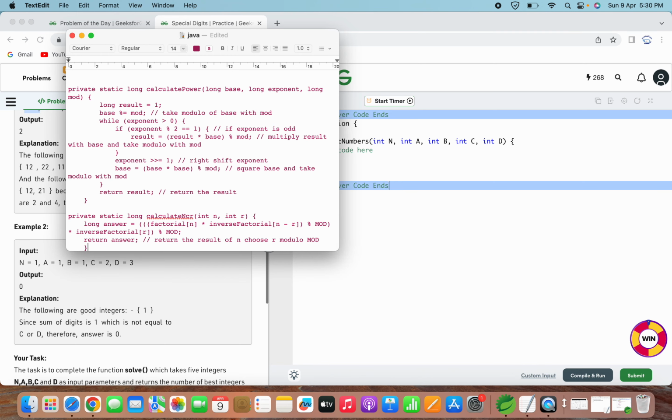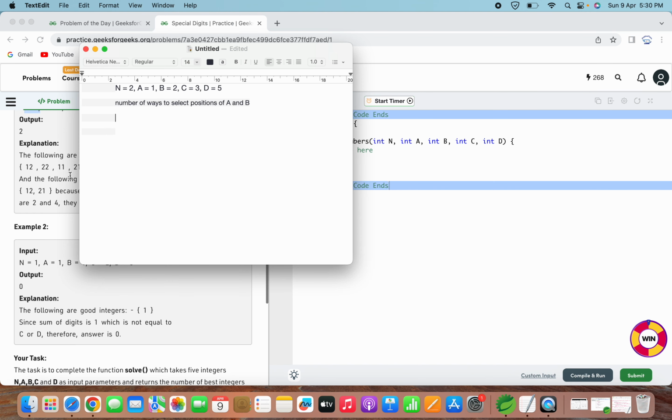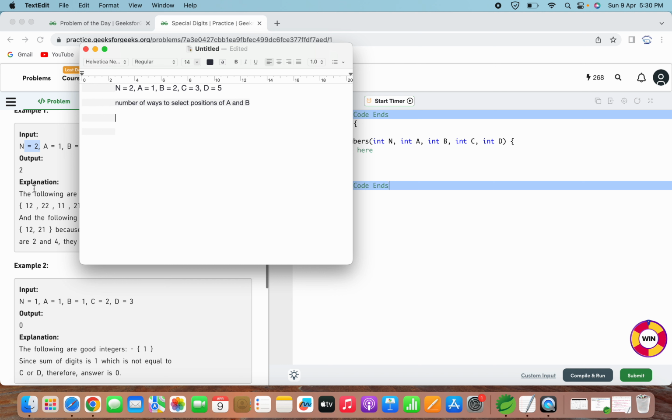Let's take the example given here, the first example that we have seen. In the first step, we have to find the total number of good integers of length 2, which can be found by the number of ways in which we can select the positions of A and B. For example, when i is equal to 0, what does this mean?